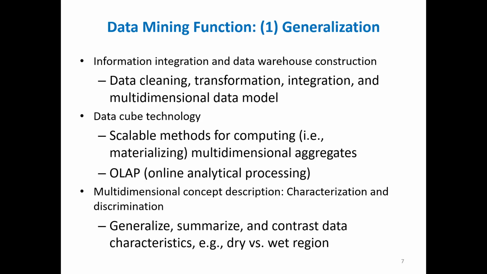Basically, a data warehouse is a data structure that holds different information, not the raw data. What is the difference between a database and a data warehouse? A database stores the raw data, while a data warehouse stores the extracted data, or the meaningful information that we extract from the data.